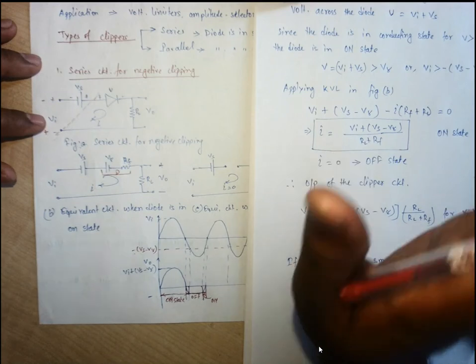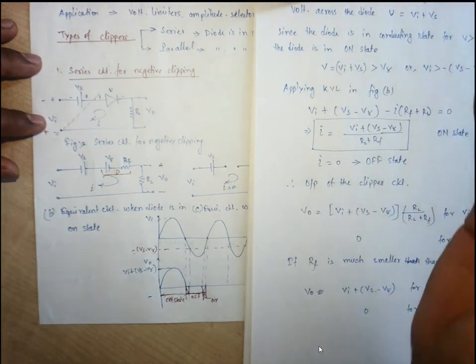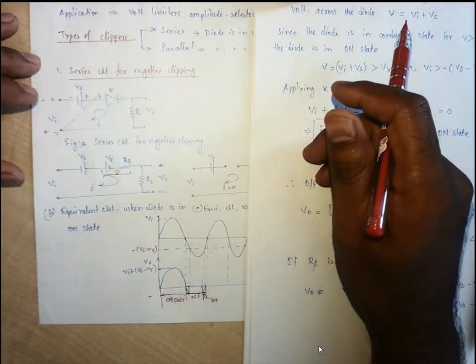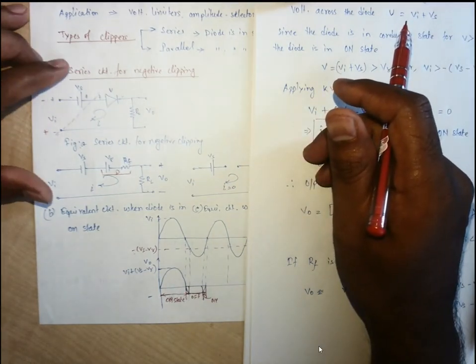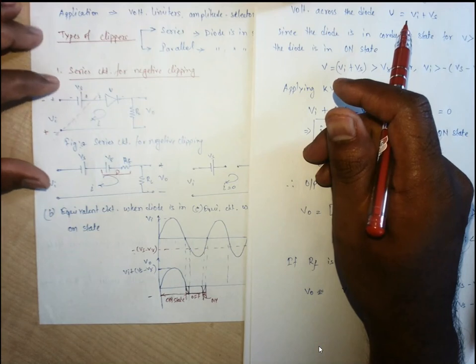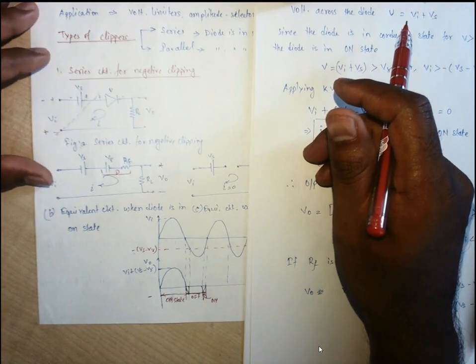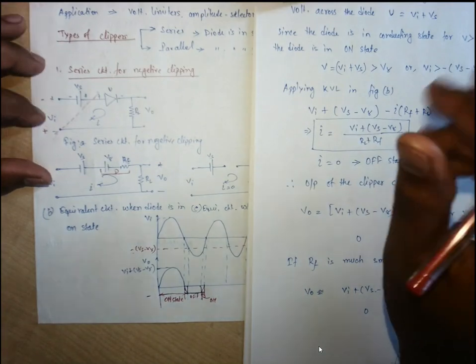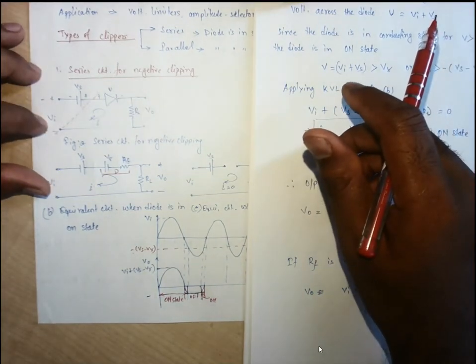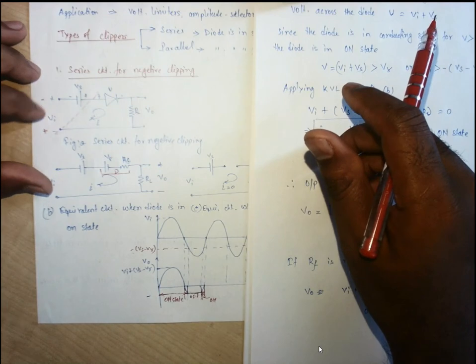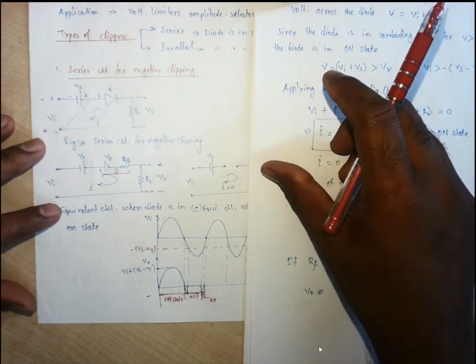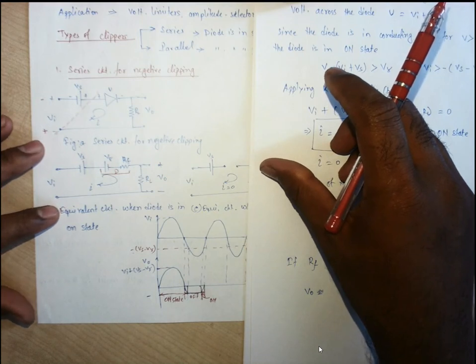The Vs is supporting the diode. You just go on. But the moment this Vi overcomes this Vs, the power is completely destroyed from this Vs. Now the control is over to this input Vi. Now the Vi will start manipulating this diode. Now the choice is up to the Vi whether it will make the diode on or off.